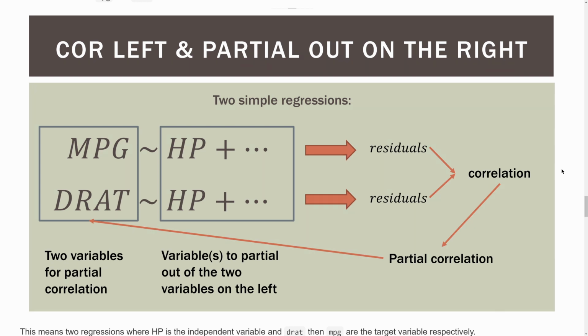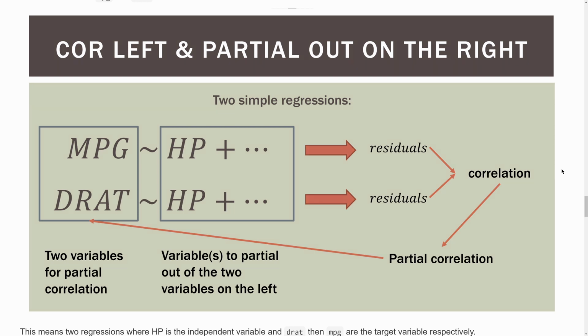So in the second box here, we have the variables to partial out of the 2 variables on the left. And again, we can have more than 1 variable. Here we just have horsepower, but if we were doing partial correlations with the entire mtcars data set, and we wanted the partial correlation between miles per gallon and drat, we would put all of the other variables to the right of that tilde sign, and then we would still get the same residuals and so forth.